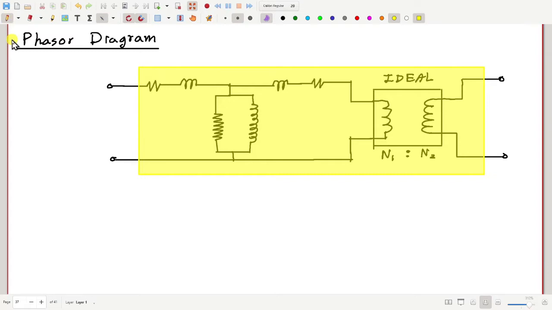Now, normally we know the supply voltage, okay, that may be given to us. Call this V1. This is known, and on the other side we have a load. The load value may also be known to us.